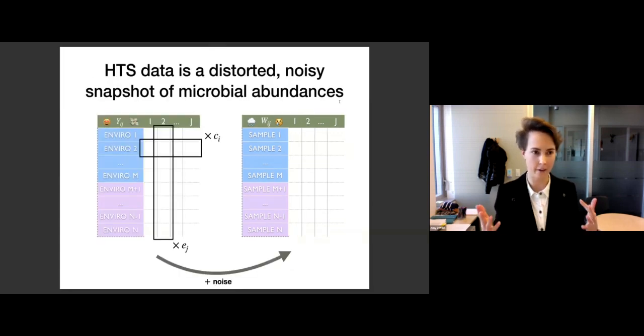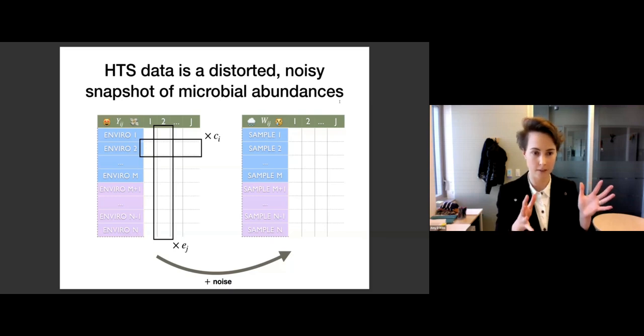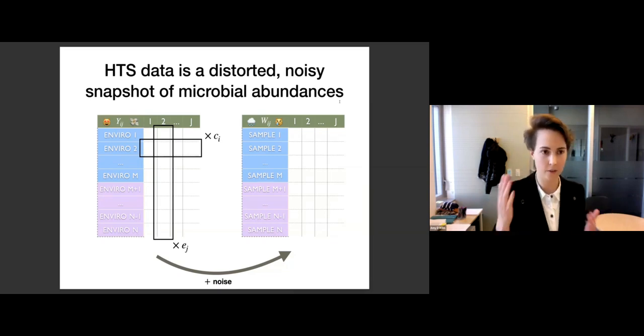So in what way are they a distortion? I could give a whole lecture on this, but I'll try to summarize some of our research as efficiently as possible. The way that I think about how we get our data, our Ws, from true microbial abundances is that we take our microbial abundance table and we sequence each sample to some potentially differing sequencing depth.